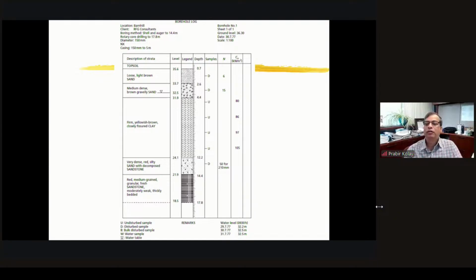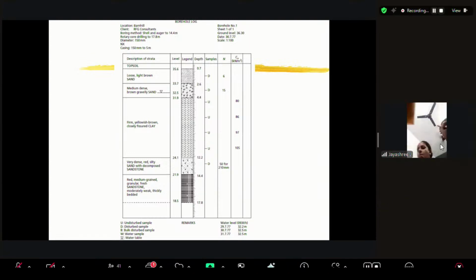So there are several correlations available from the SPT N value to find out the friction angle or the cohesion. And then from there you can design your foundation or any infrastructure.